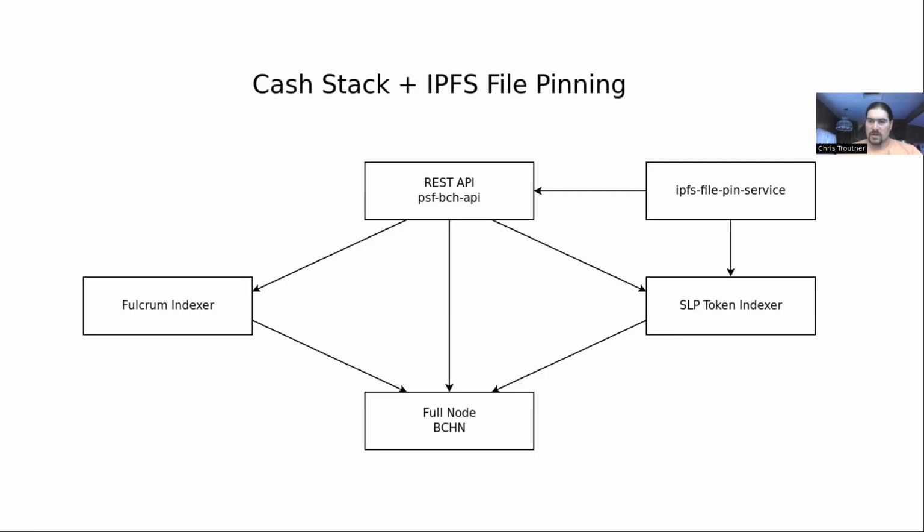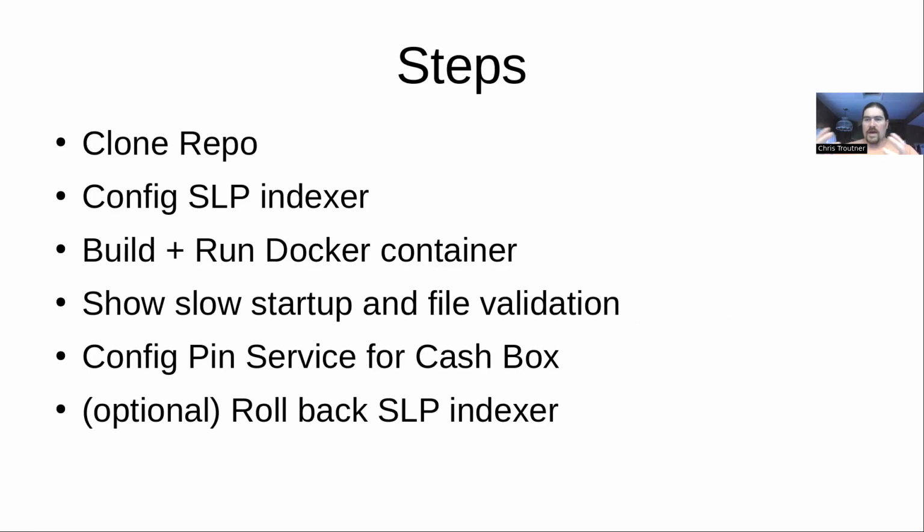And if the pin claim succeeds the validation, it will then download and pin that file. The result of several of these nodes across the internet doing the same thing independently is this file getting redundantly hosted across the network. So that's what makes IPFS pin service valuable, and that's why we're going to go through the steps now to install it.